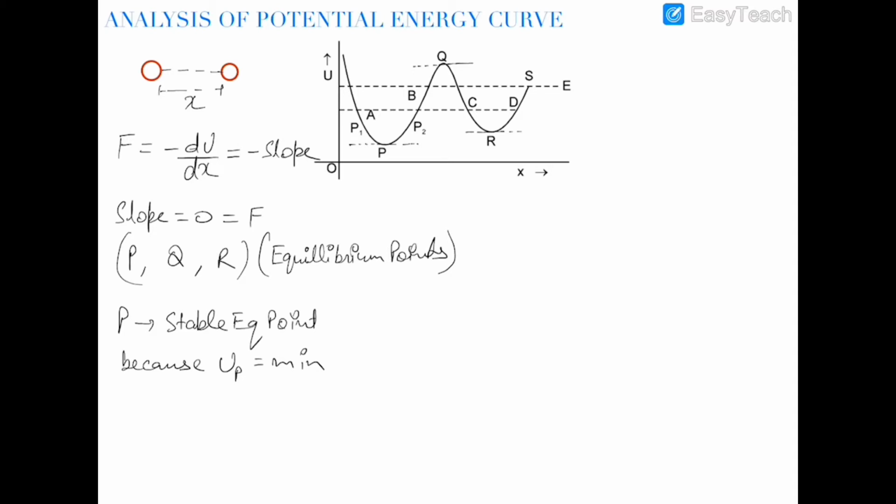Now at point Q, the potential energy UQ is the maximum among all those equilibrium points.